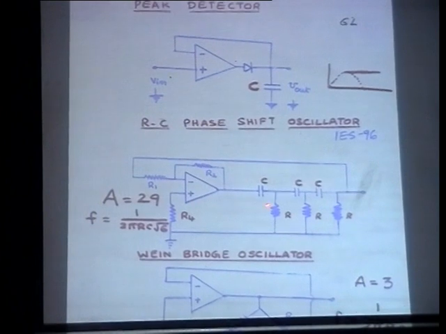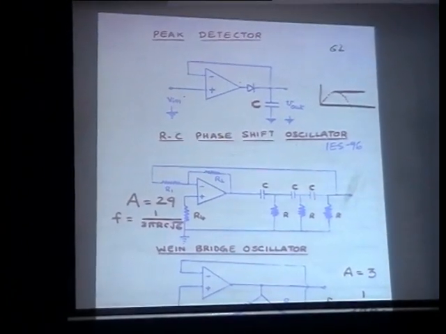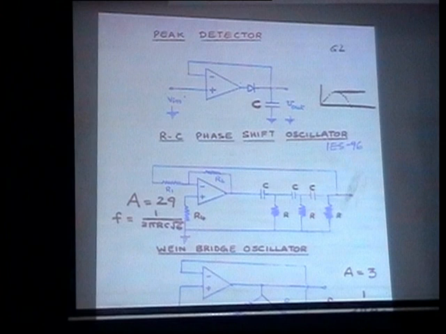So Barkhausen says an oscillator will work if total phase shift is 360 degrees. Closed loop gain must be 1 and loop phase shift must be 360 degrees. So 180 degrees I am getting from the op-amp because I am using an inverting op-amp.